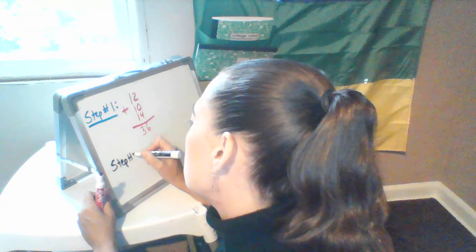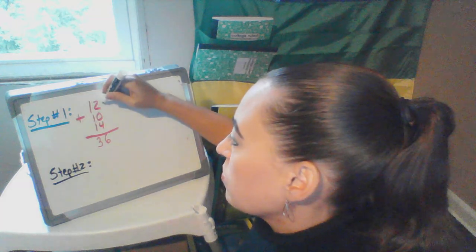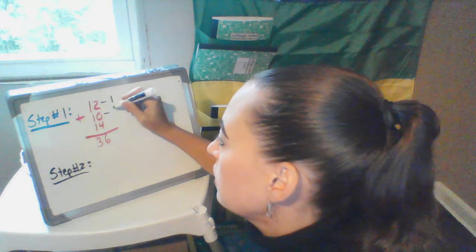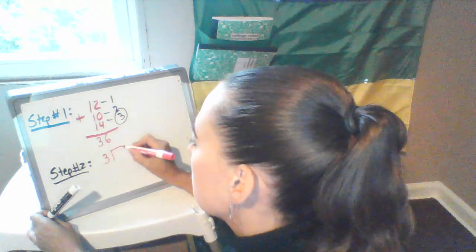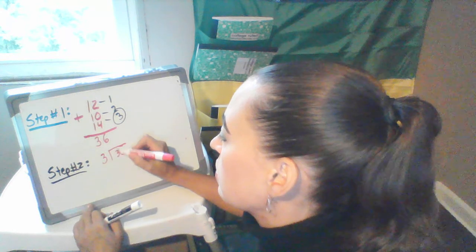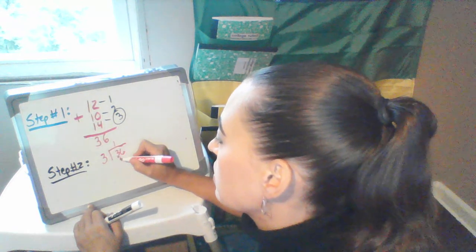Now step 2, we need to divide by the total number we had. So this is 1, 2, 3. So I'm going to divide 36 by 3. Super duper easy. 3 goes into 3 one time. So you do 3 times 1 is 3.